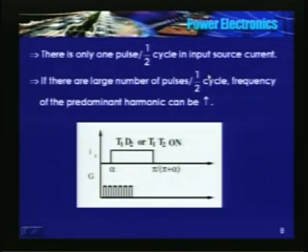By the way, I said number of pulses: as the number of pulses increases, the frequency of the predominant harmonic increases. But I never spoke about the magnitude of the predominant harmonic. It so happens that the magnitude of the predominant harmonic also gets amplified.